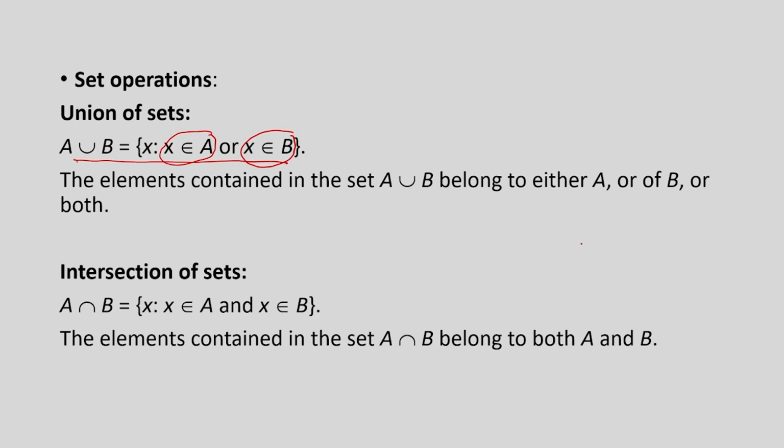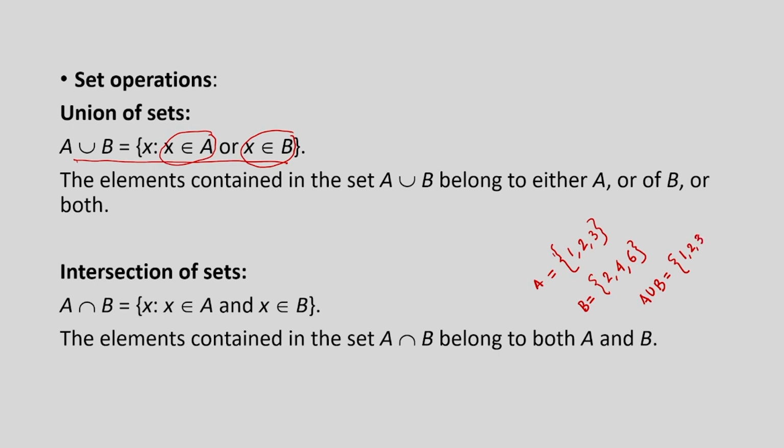So, I am giving you an example. The set of, let us say, first three natural numbers 1, 2, 3, and the set of first three even numbers 2, 4, 6. Suppose this is A and this is B. Now, what is A union B? So, it will contain some elements, and which are these elements? 1, 2, 3.